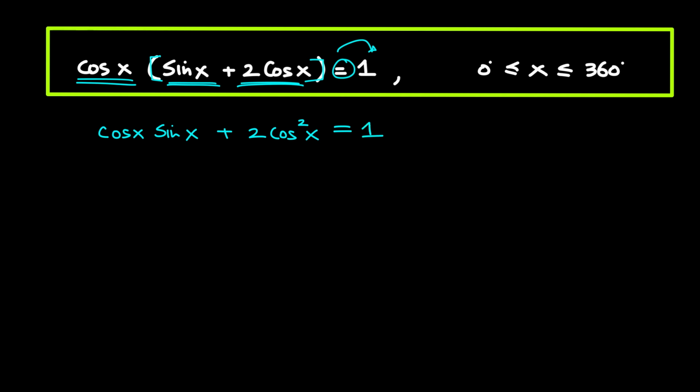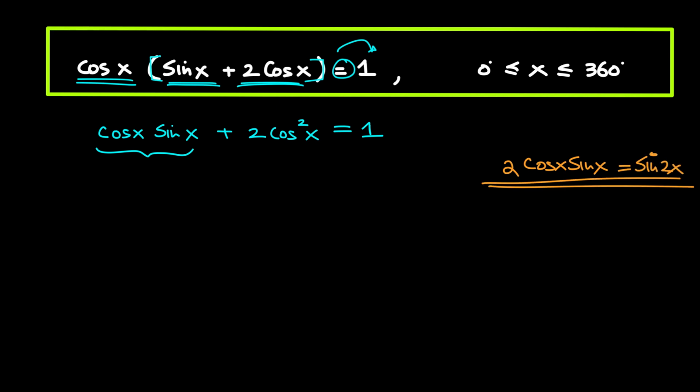Second step, we can observe that cosine x sine x, if I multiply it with 2, that is sine 2x. This is a double angle formula. In other words, cosine x sine x is half sine 2x. So let me replace this with half sine 2x.